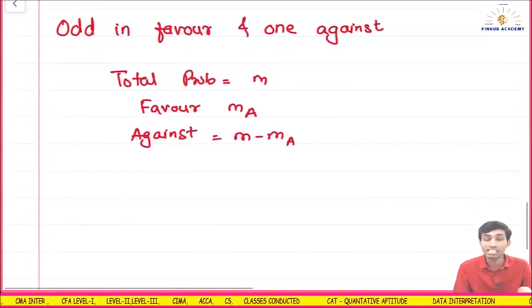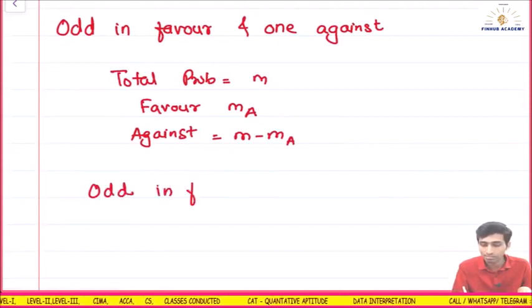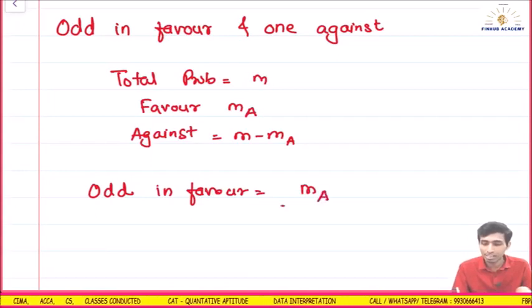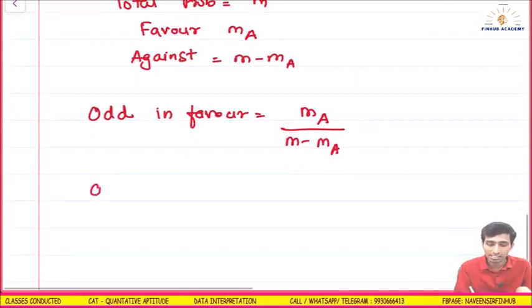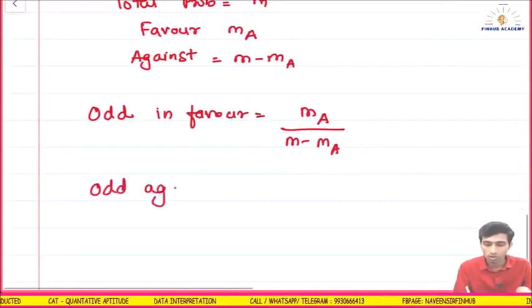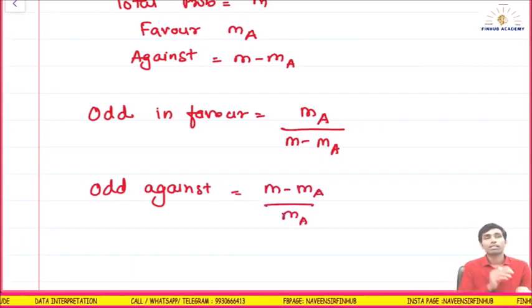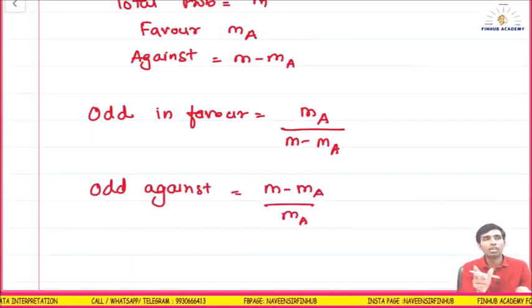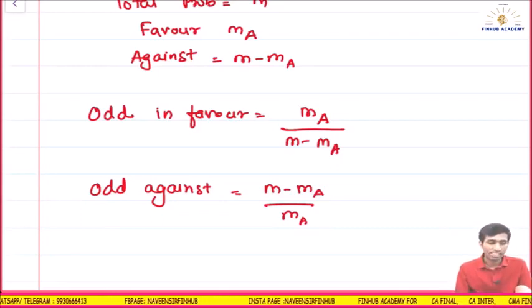Please remember this, it's an easy way. So odds in favor is MA, that is favorable upon against, the ratio of that. Odds against is M minus MA, the reciprocal of the above, that is against upon favorable. Odds in favor is favorable upon against. Okay, like this.